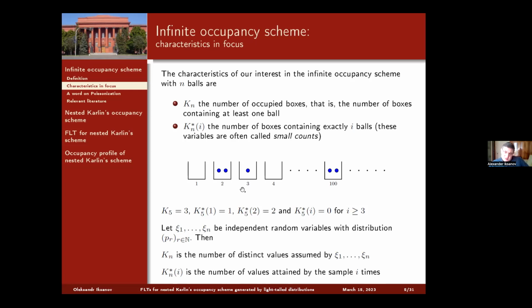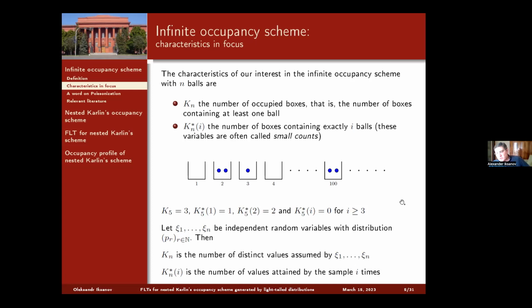Indeed, the variable psi_j can be associated with the index of a box hit by the j-th ball, and then in the previous picture we can see that the sample psi_1 through psi_5 twice attains the value 2 and twice attains the value 100, so that K5 star of 2 is indeed equal to 2.